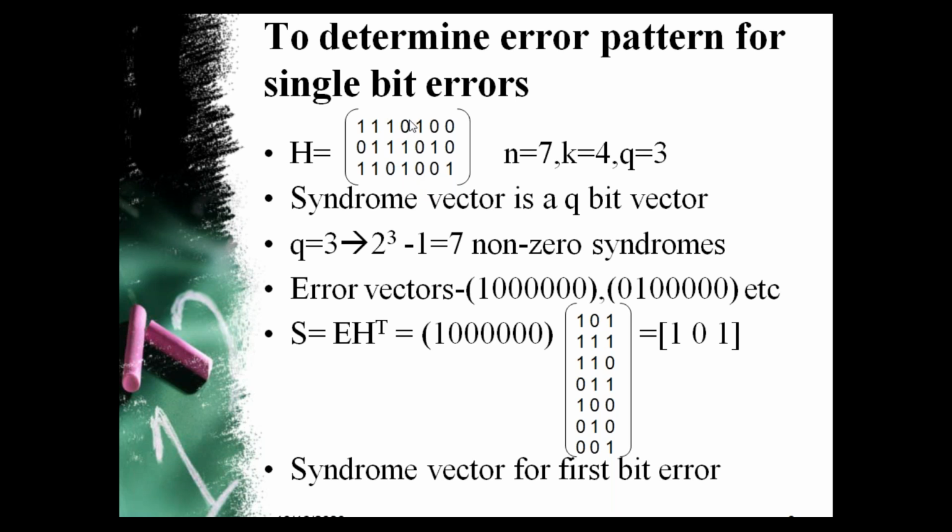Therefore here the initial part, that 3 by 4 matrix, is the P transpose. Then the remaining part is an identity matrix of order Q. That is the general structure of the parity check matrix.